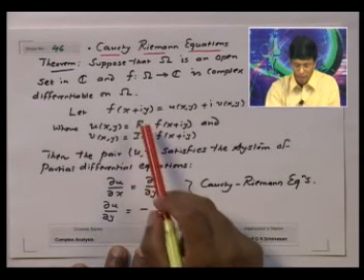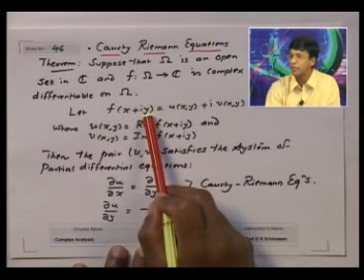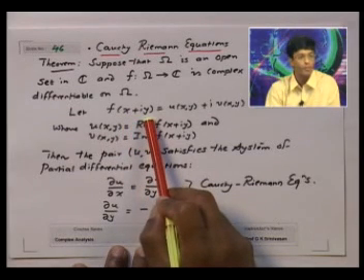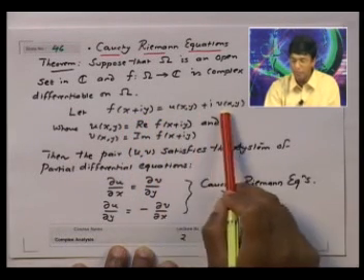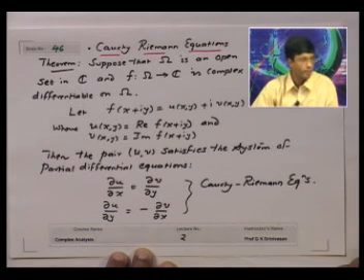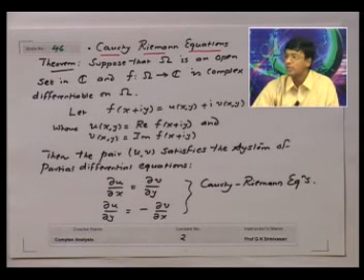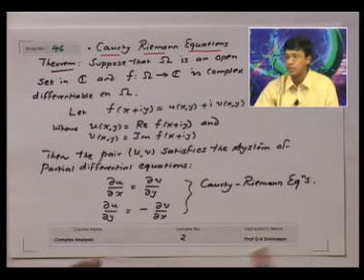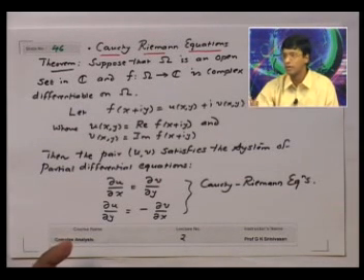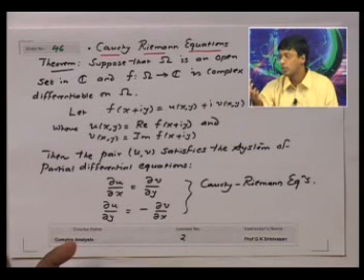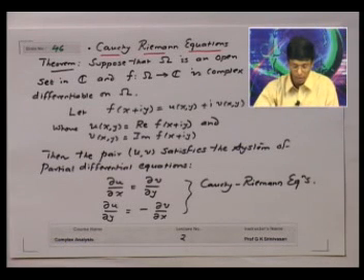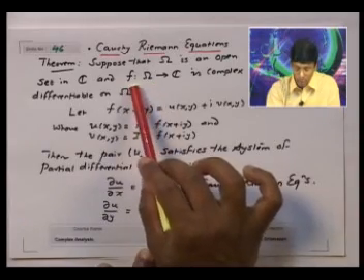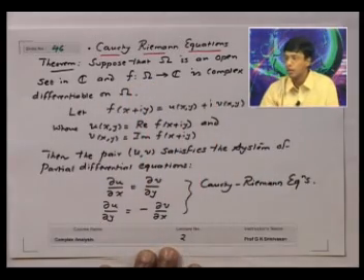And f is a function of a complex variable. The complex variable has a real part x and an imaginary part y. So, this u will depend upon x and y and the v will also depend upon x and y. So, u is a function of two variables and v is a function of two variables. And you can think of omega as a subset of R2, because the complex number, remember, can be viewed as an ordered pair. Now, this function f has been assumed to be complex differentiable.